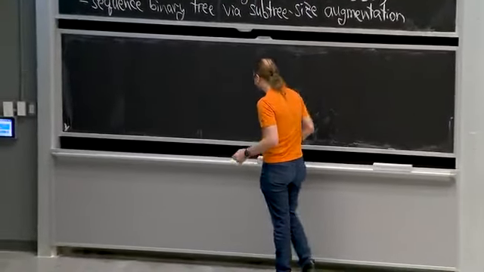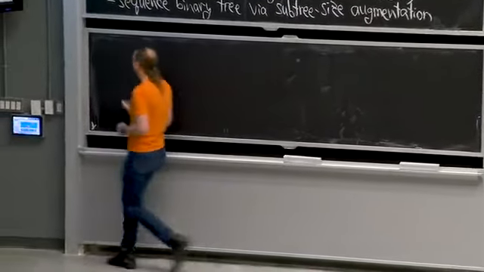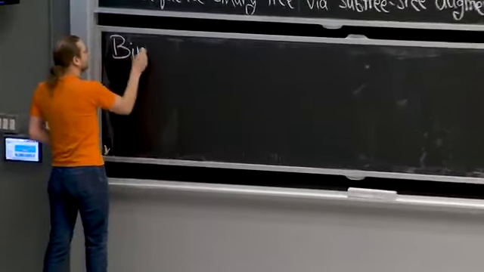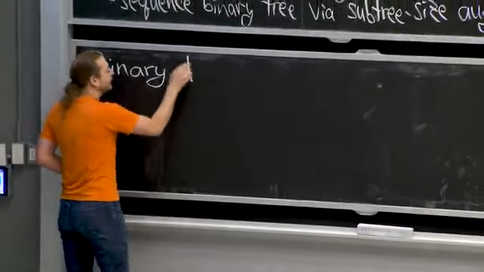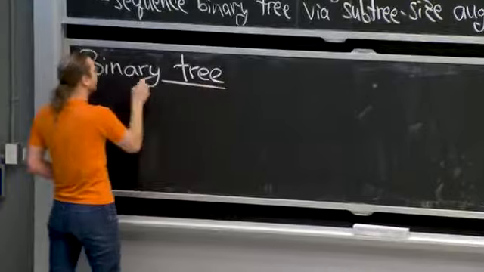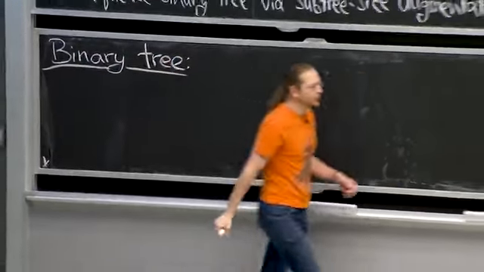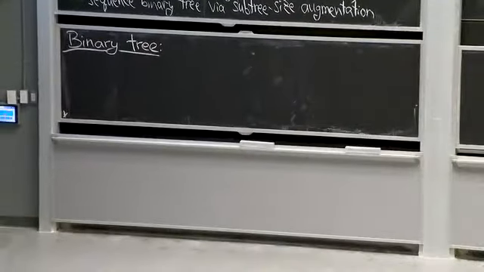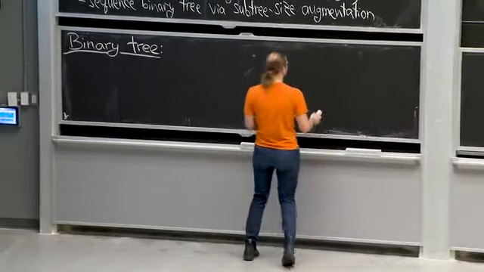So what is a binary tree? Let me draw an example and then define it more precisely. Mathematicians will call this a rooted binary tree, in case you've seen that in 042, say. Here is a picture.